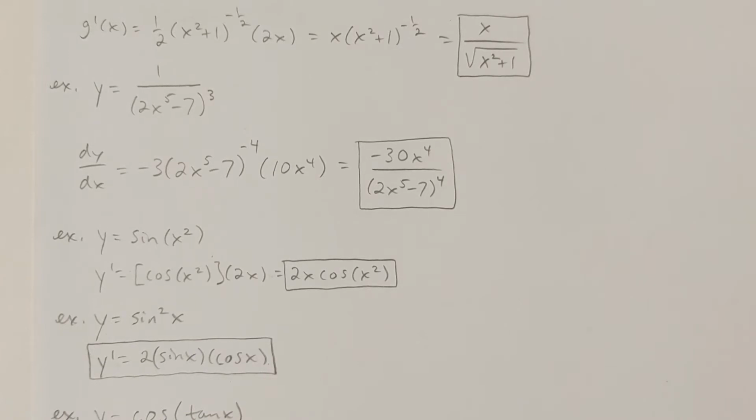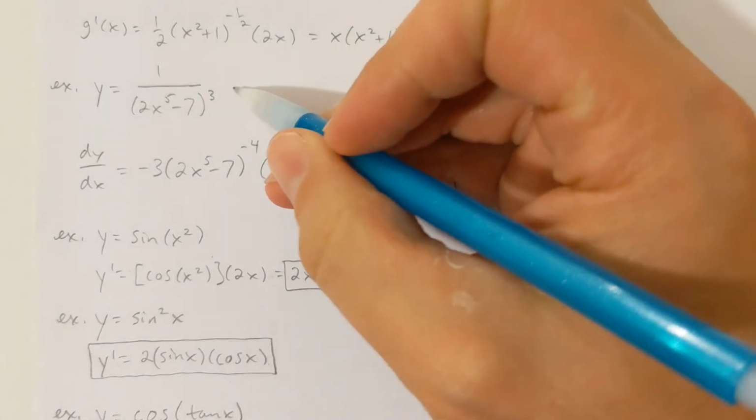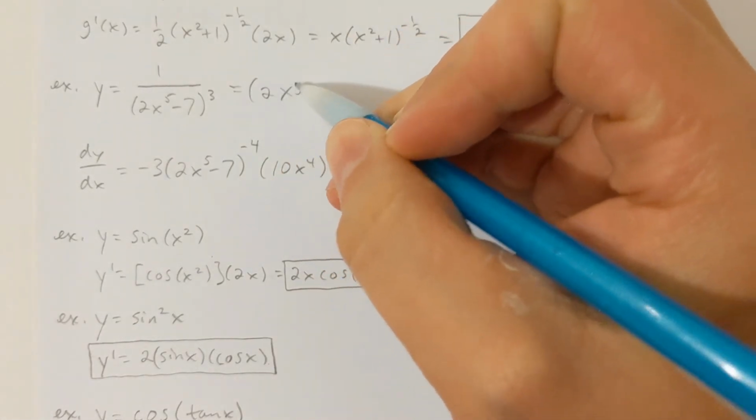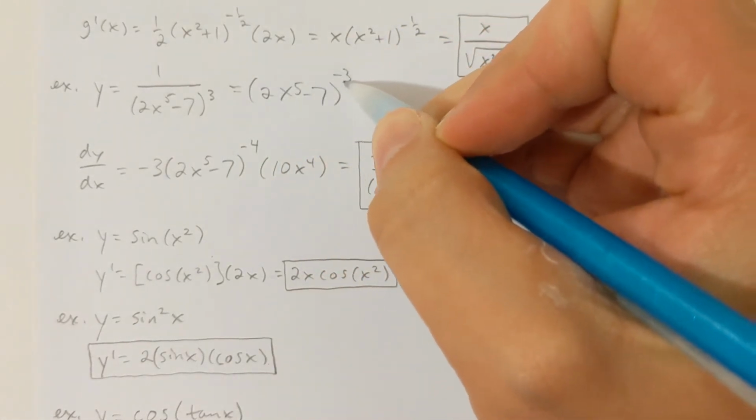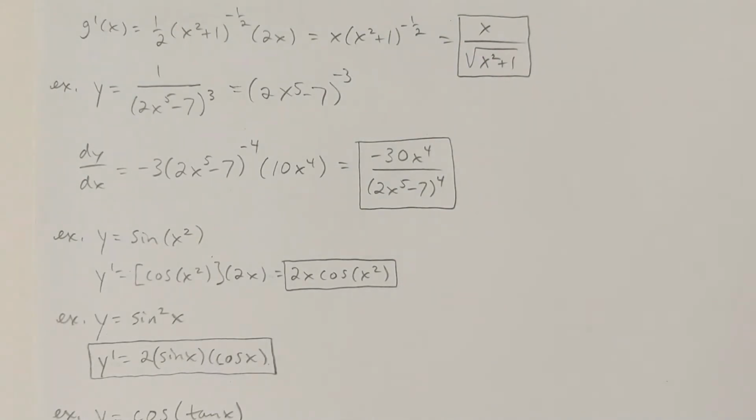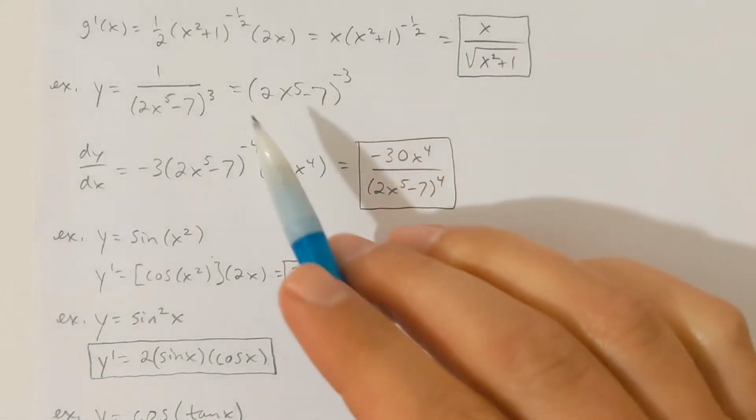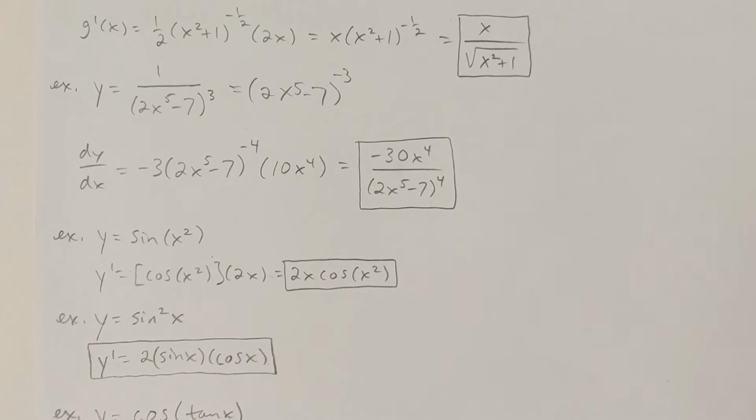So maybe to avoid that, let's look at 1 divided by (2x^5 - 7), all that cubed. That's the same as (2x^5 - 7) to the negative 3rd power. Okay, and I can just treat this as a chain rule problem then.